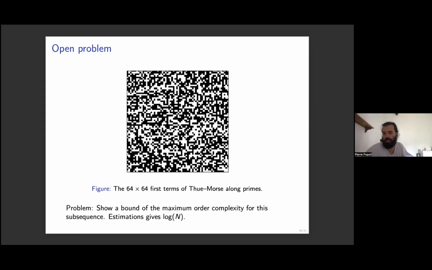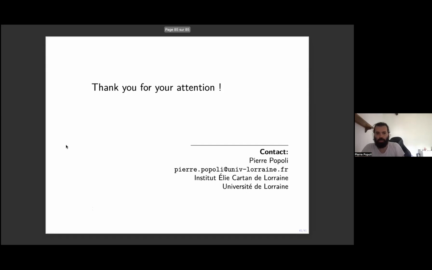And we have made some estimates. It appears like log of n, but we still don't know, because you have to be very precise about the binary digits of primes, and this is very difficult in general. So thank you for your attention.